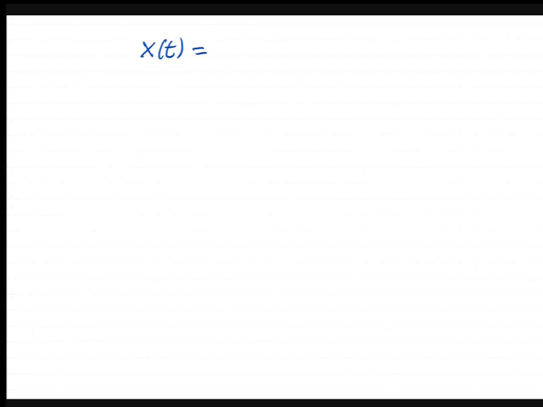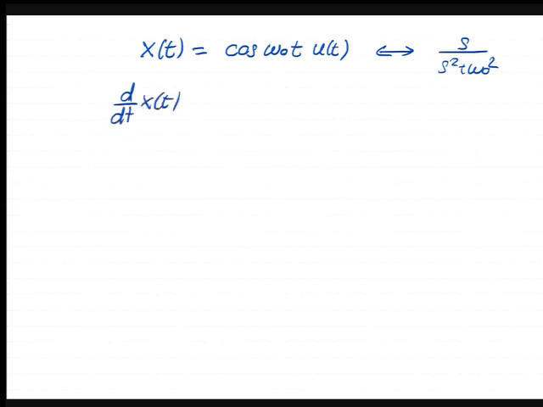So let's say I now start with cosine omega naught t times u of t, right? And that gives me s by s squared plus omega naught squared. And then I take the derivative, right? Taking the derivative, d by dt x of t is going to give me s squared by s squared plus omega naught squared. I just multiply it with s, right?